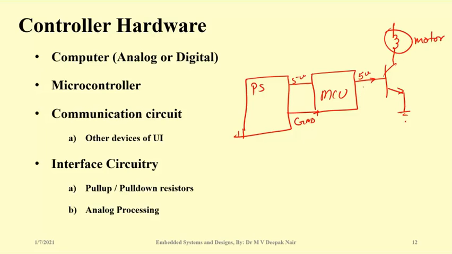The microcontroller will provide 5 volt, but generally the current is of very low power, like 20 milliampere. Does anyone recall the output current provided by the ATmega328 or Arduino Uno? 5 volt, and how much current?